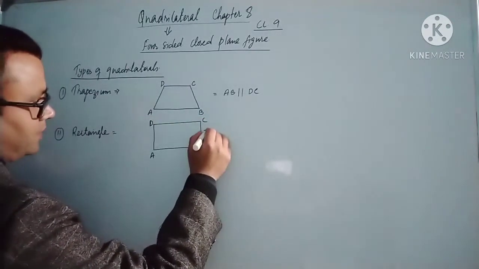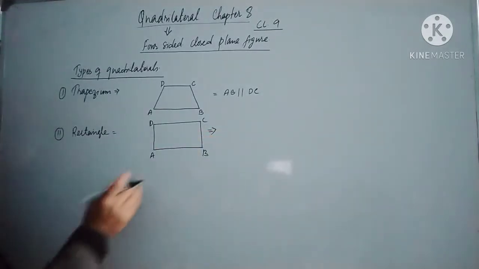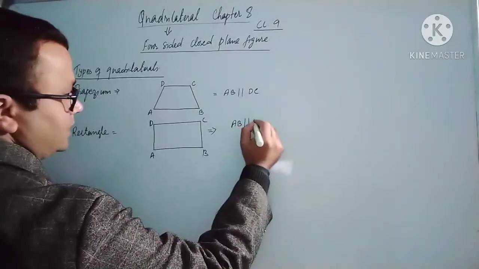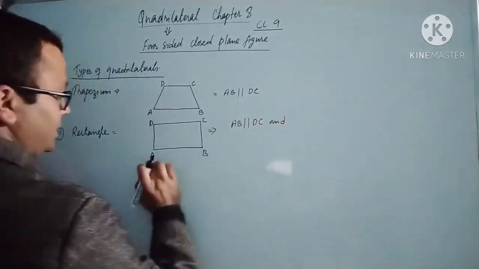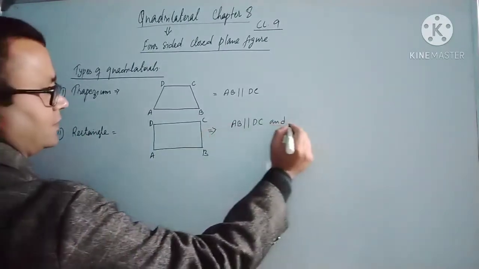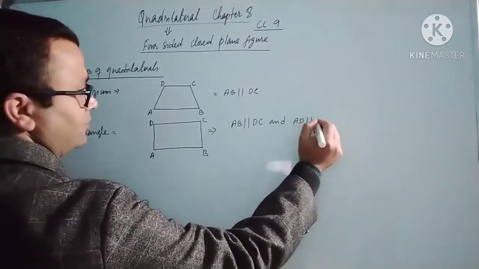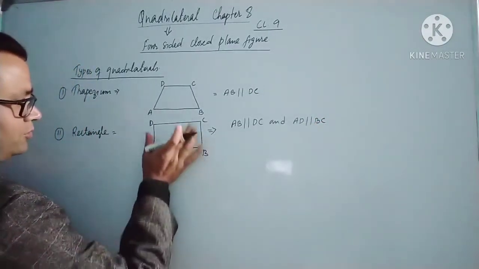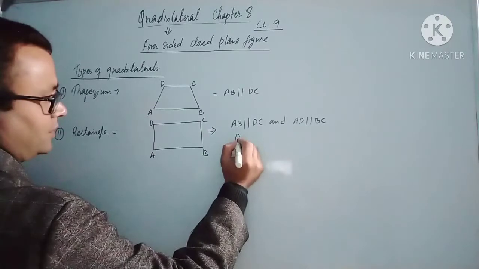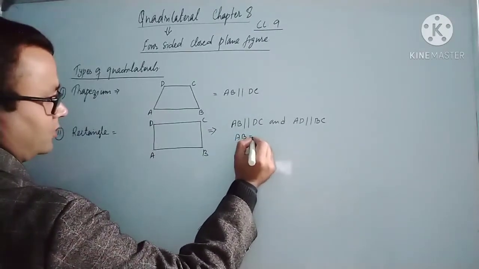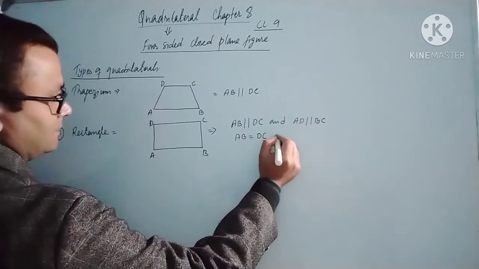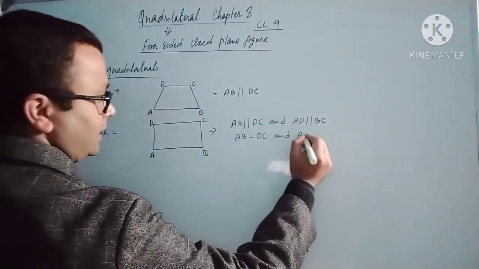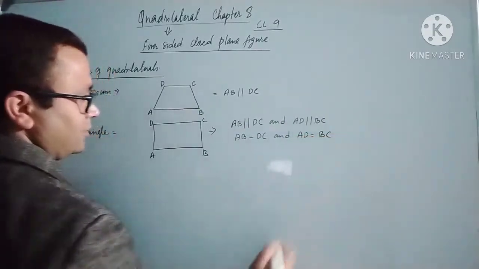In this case, AB is parallel to DC and AD is parallel to BC. Opposite sides of rectangle are equal: AB equals DC and AD equals BC.